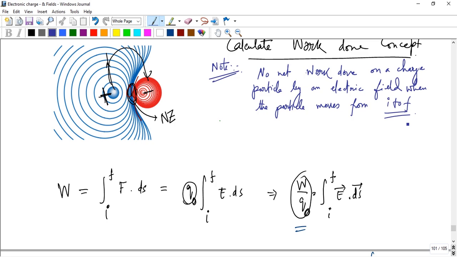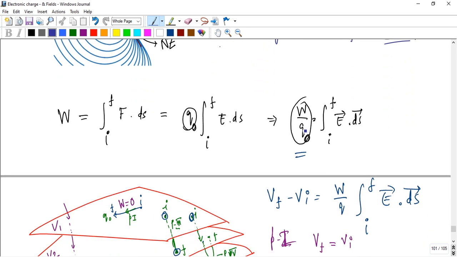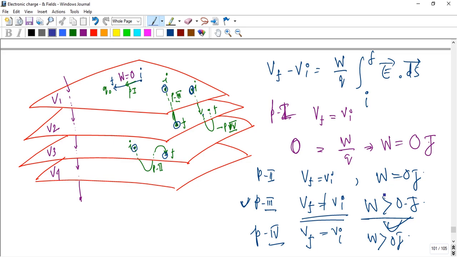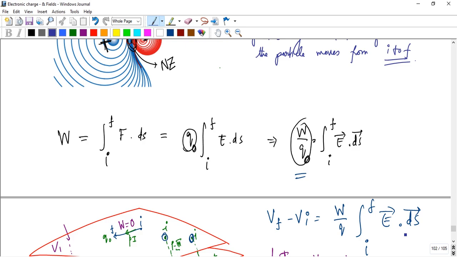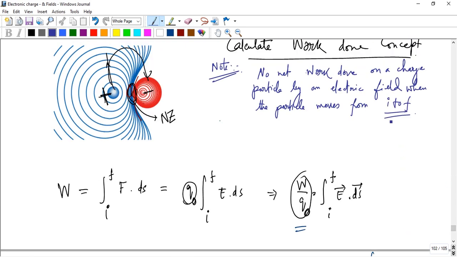Actually, the work done is positive or negative depending on the value of potential. In that case, a potential difference of 0 joule means no work, otherwise it is either positive or negative work done. Work done is a scalar quantity, so the magnitude is important. Whether the work is positive or negative depends on the value of potential: whether the charge moves from higher to lower potential or from lower to higher potential. That's very important.